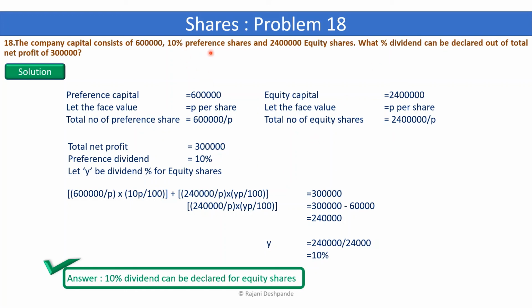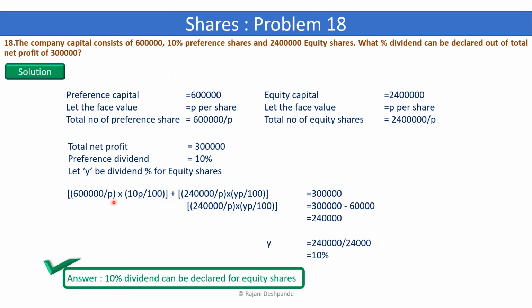The net total profit is given as 3 lakh. 10% on the preference shares: for 1 share the dividend is 10 upon 100 into P. For the total number of preference shares, it will be 6 lakh upon P. This is the total preference shares.